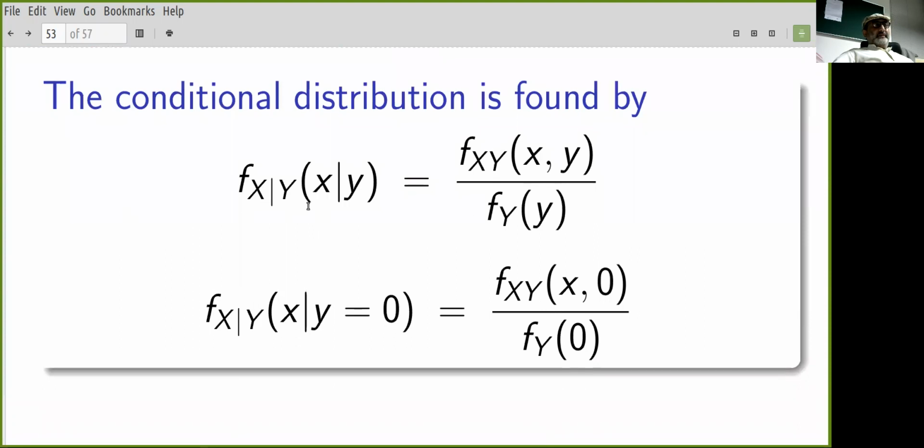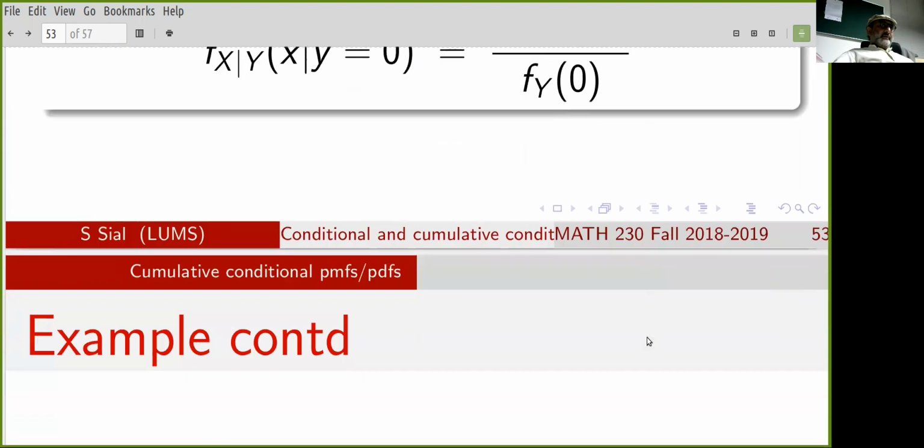Okay, so by definition, the conditional for x given y is the joint for x and y divided by the marginal for y. And here y is equal to 0, so the conditional for x given y, when y is set equal to 0, is the joint PMF evaluated at x, 0 divided by the marginal PMF evaluated at 0.